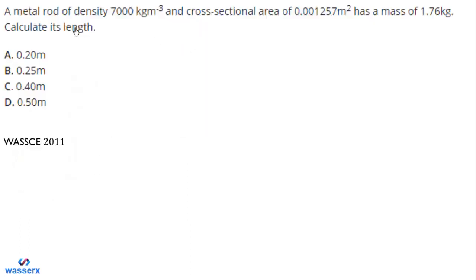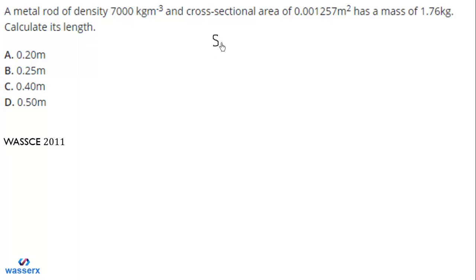So we have a metal rod of density 7,000 kg per meter cube and cross-sectional area of 0.00127 meters squared, and it has a mass of 1.76 kg. Calculate its length.